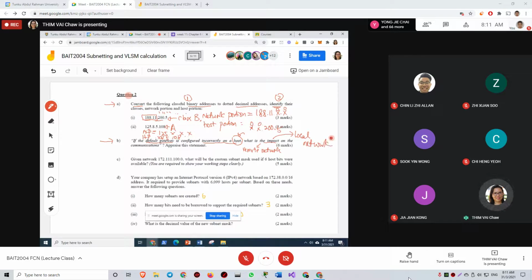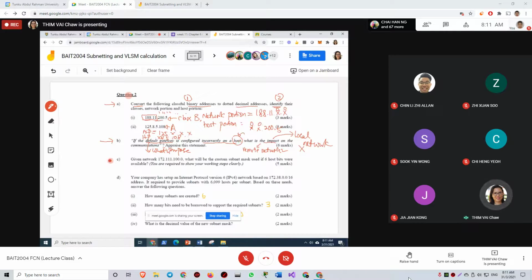Local network no impact, the remote network got impact. Then I tell him what is a default gateway. You can do the explanation of what is a default gateway, and what is the purpose that we want to have a default gateway. So this is the point to score 6 marks.